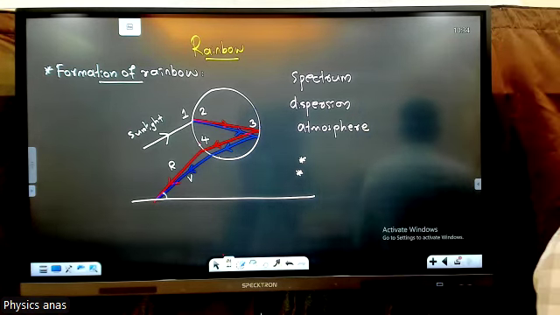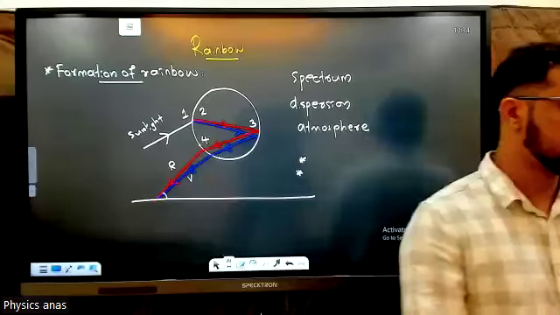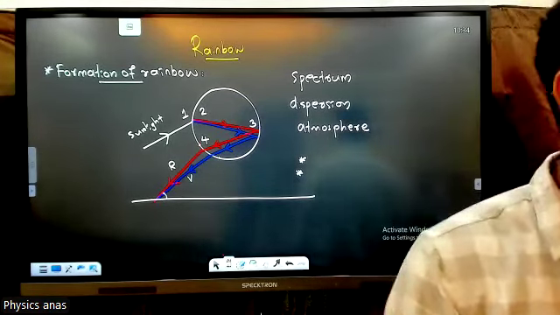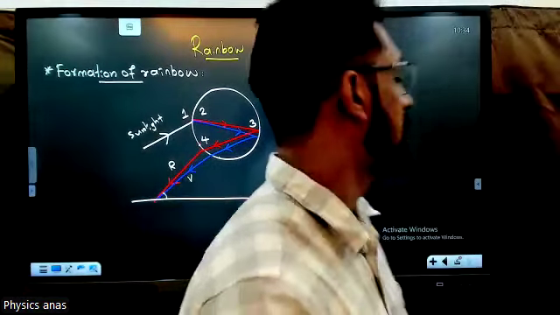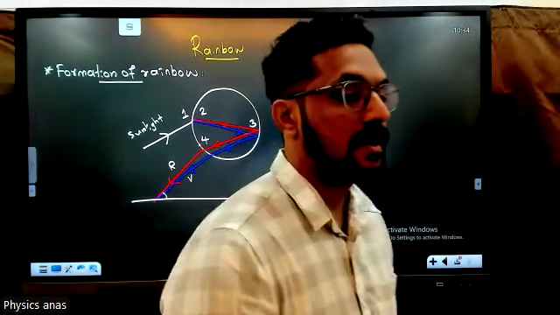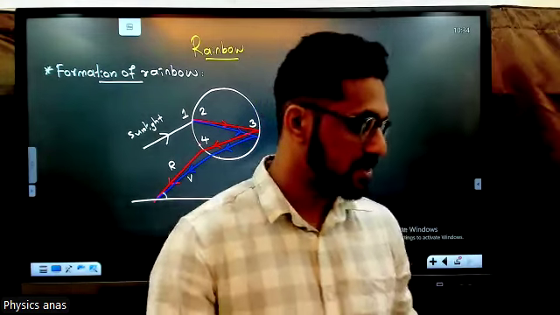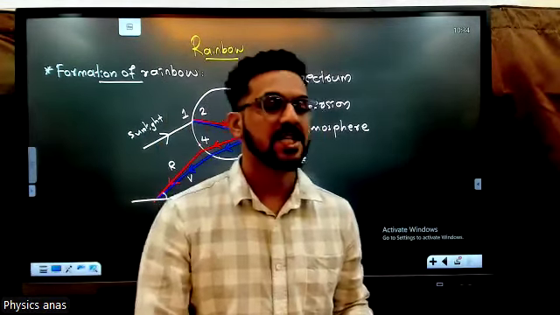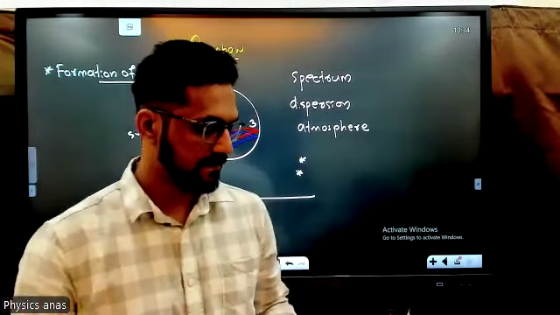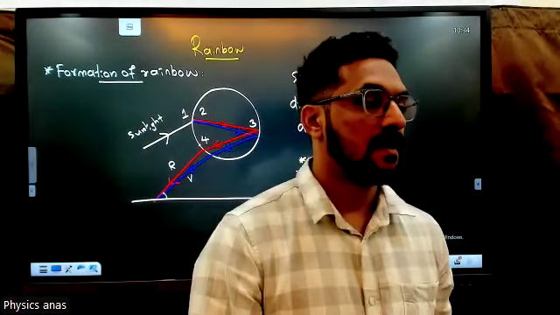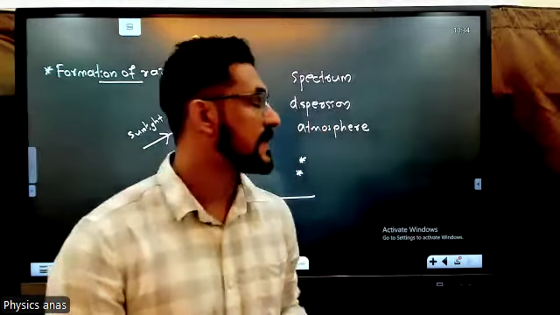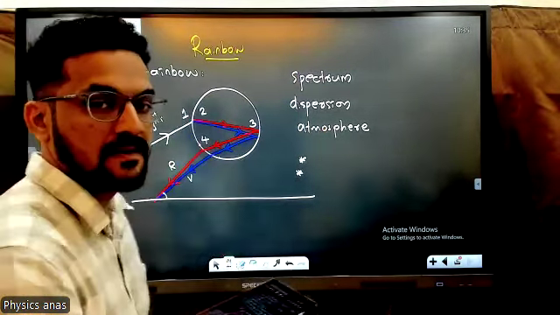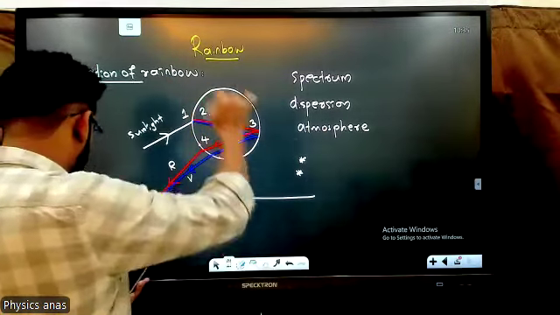When light enters the water droplet, it gets refracted and dispersed.